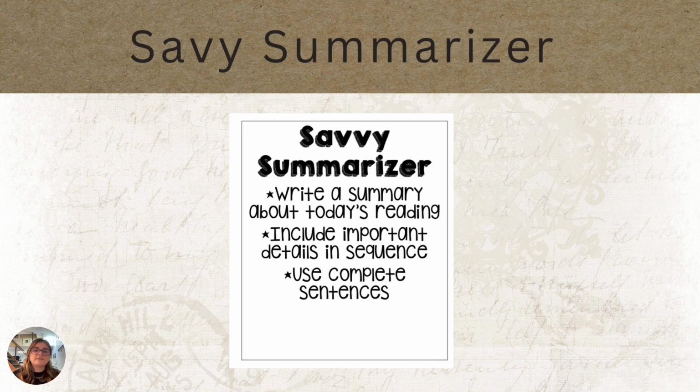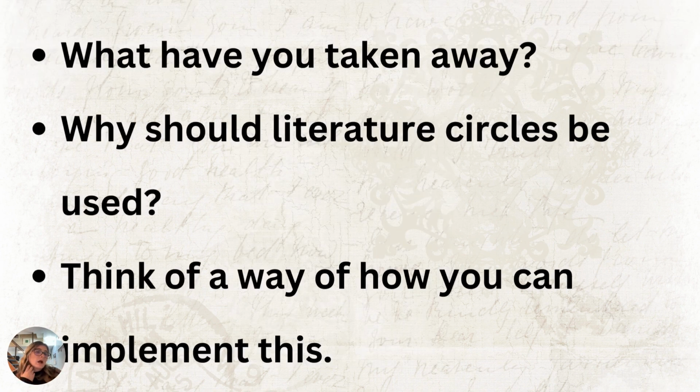And then we have the Savvy Summarizer, and they're going to summarize the reading, including important details and using complete sentences. There are different kinds of roles because all students learn differently, and it's important to get all the students engaged.